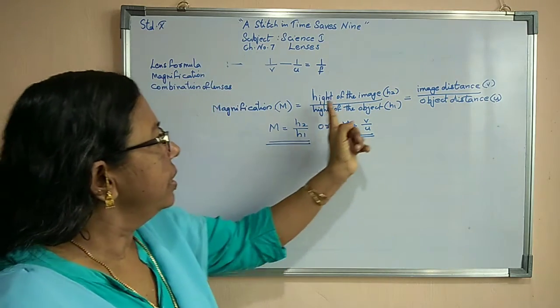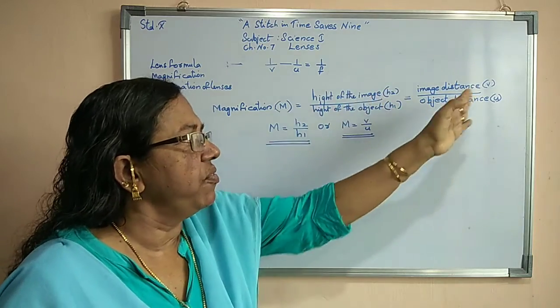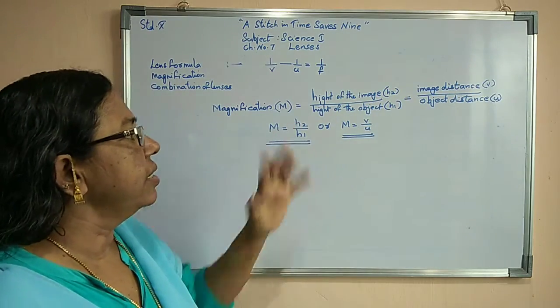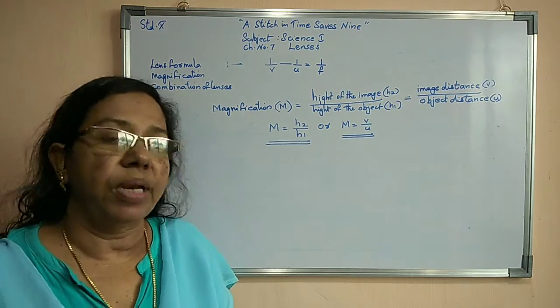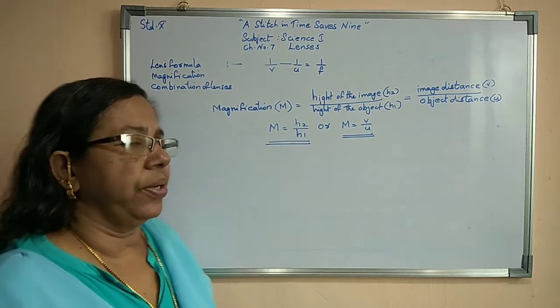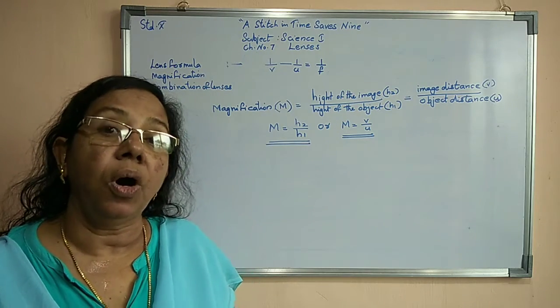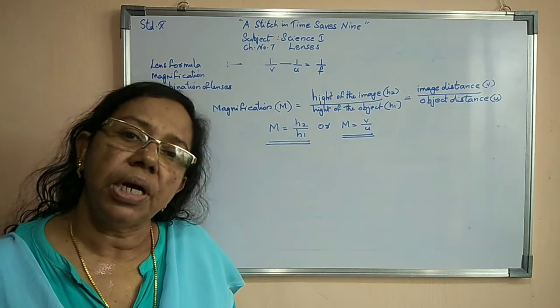Instead of writing in words, we can write the formula: M is equal to H2 upon H1, or M is equal to V upon U.